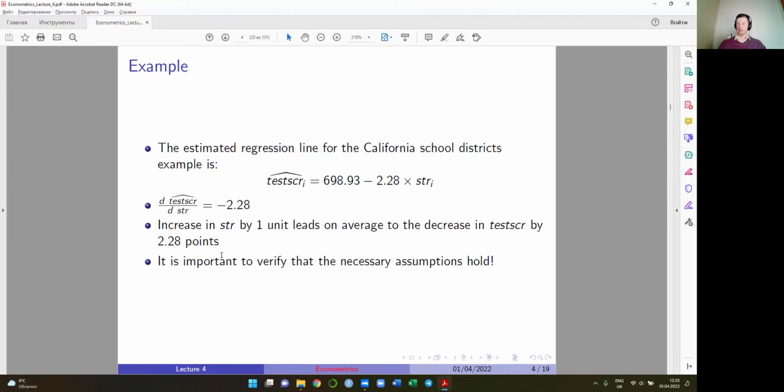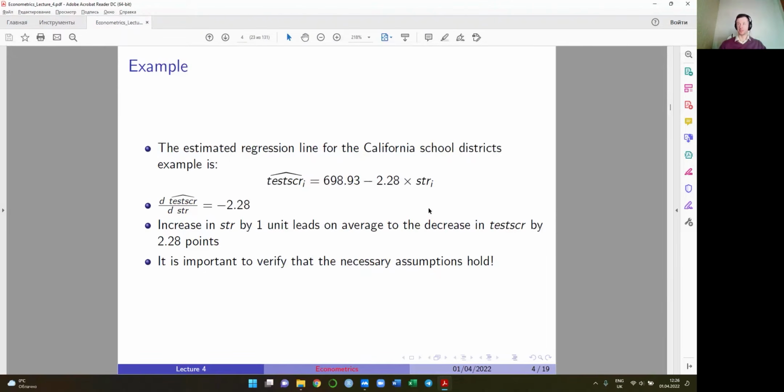But once again, we must verify that the necessary assumptions hold. So the assumptions that allow us to claim that this minus 2.28 is exactly the effect of the student to teacher ratio. Well, basically this question is one of the most important questions in the whole econometrics course.